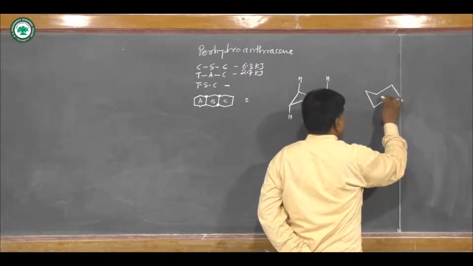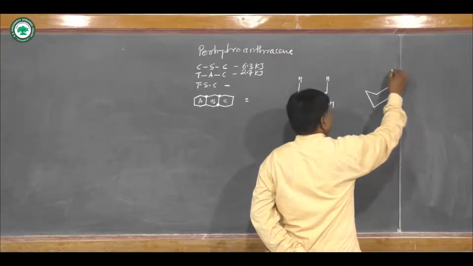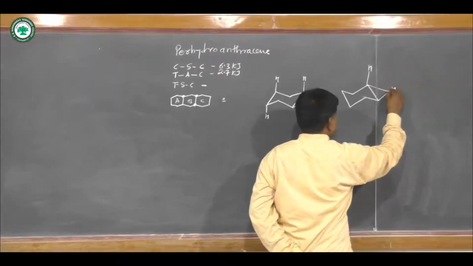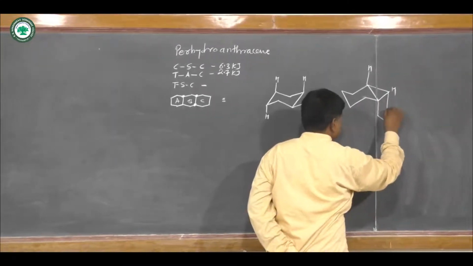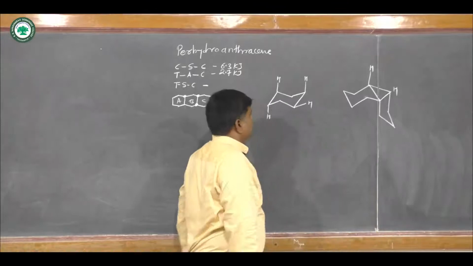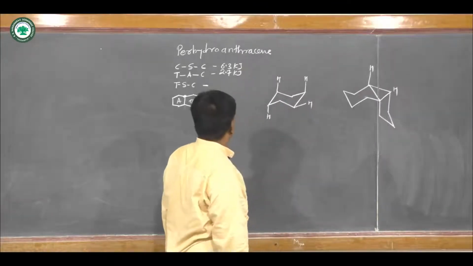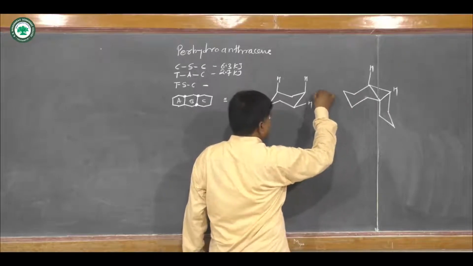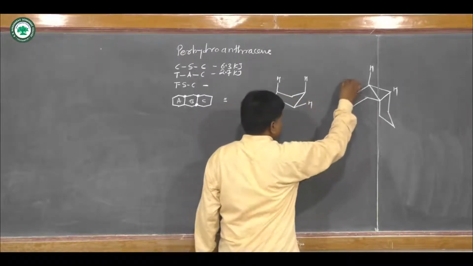This is one of the better ways to get the structure in a proper manner. Suppose this is your structure, and this is one of the cis fusions, and here we have the trans protons.